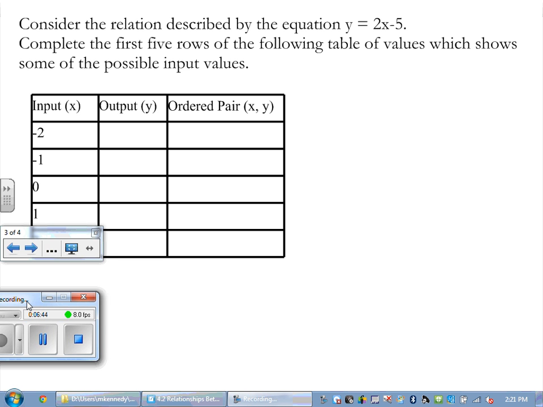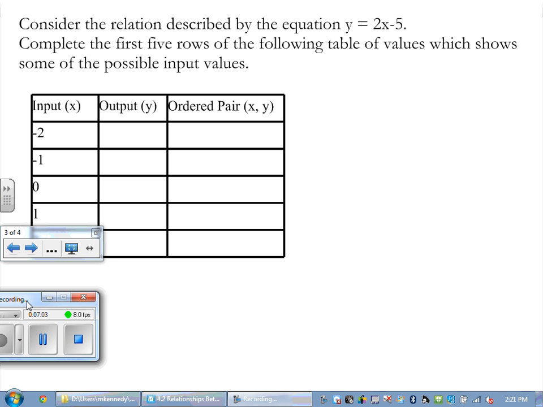If the input is negative 2, all you do, take your equation, y equals 2x minus 5. And for each of the inputs, you just put it in.